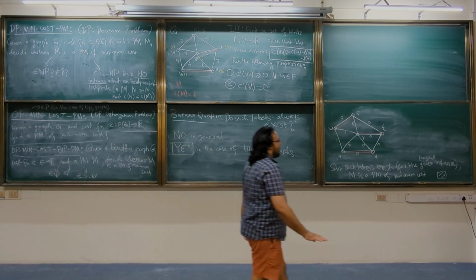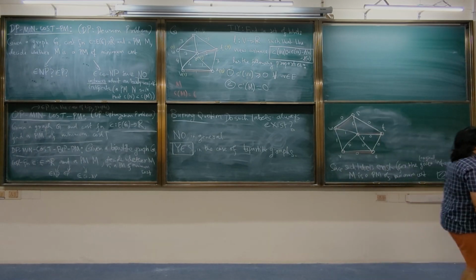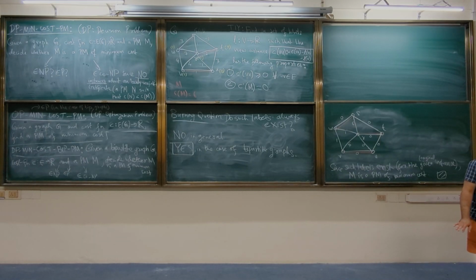Turns out, all these complexity theoretic statements I am making are actually true for all graphs, not just bipartite. The problem is that if you want to deal with all graphs, the certificates are more complicated. Just a set of vertex labels does not work.